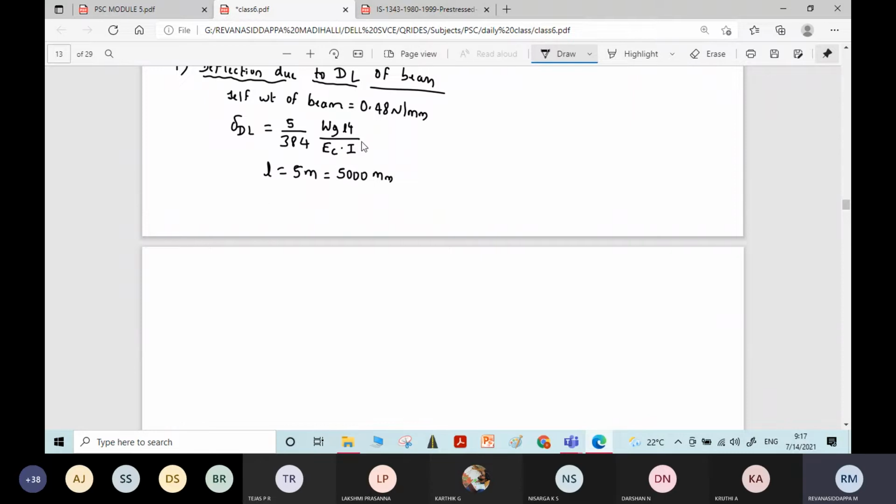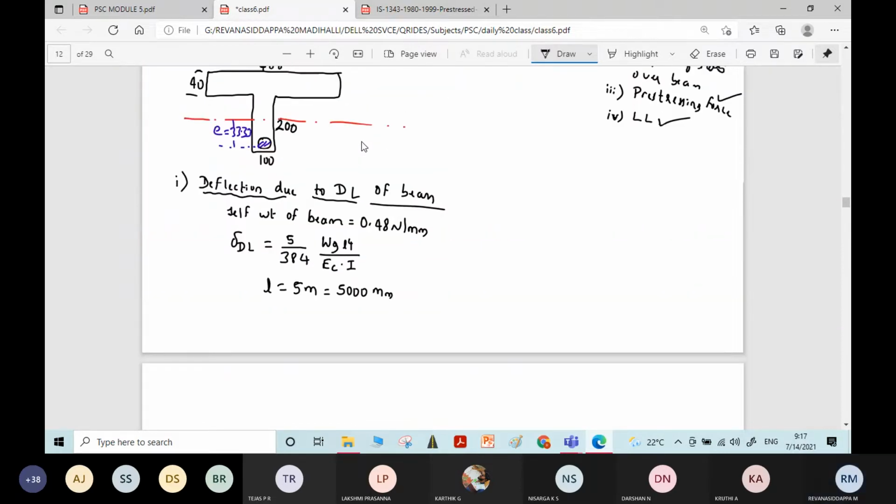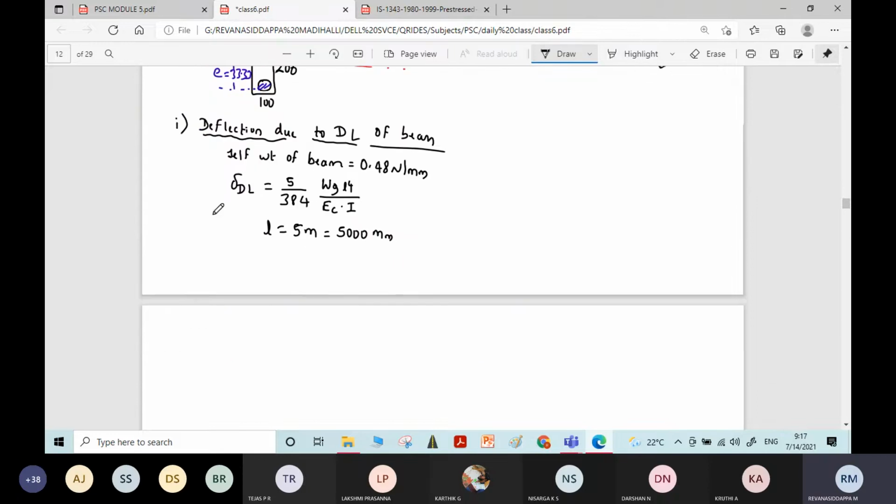W, we have just now written, that is 0.48 Newton per mm. Then Young's modulus of concrete, how much is it given in the problem?